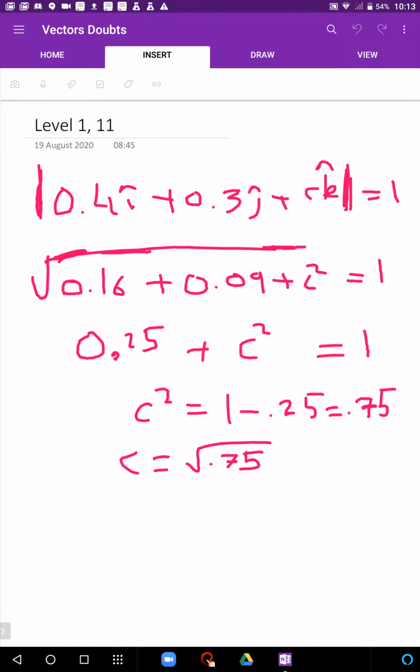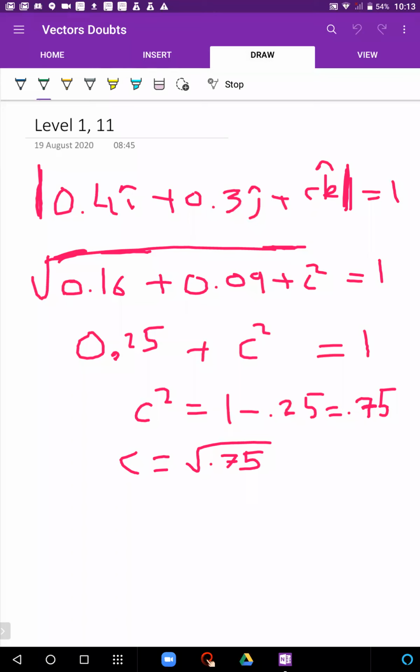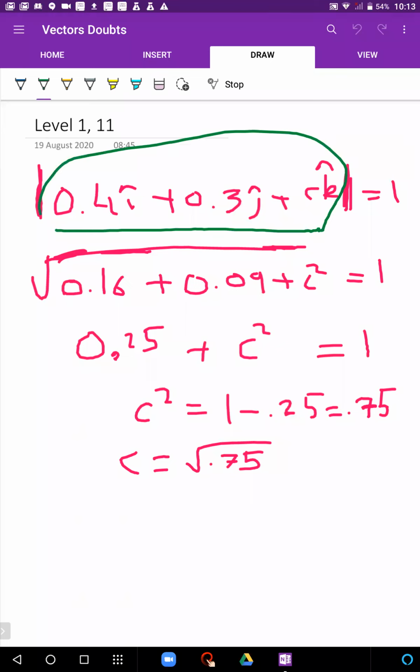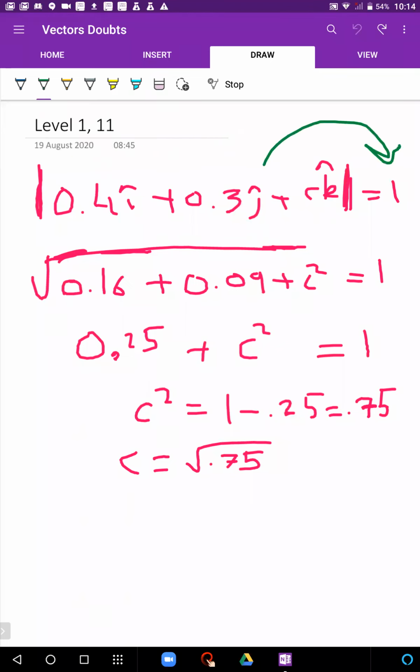If this vector is a unit vector, so what is a vector? A vector is 0.4 I cap plus 0.3 J cap plus C K cap. This is a vector. ठीक है? If this is a unit vector, मतलब ये vector का magnitude 1 होना चाहिए.